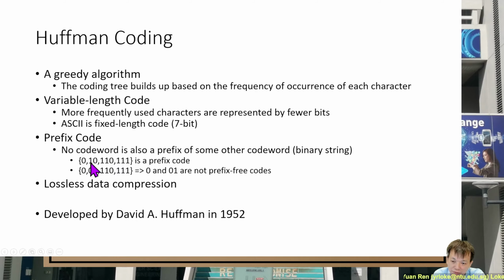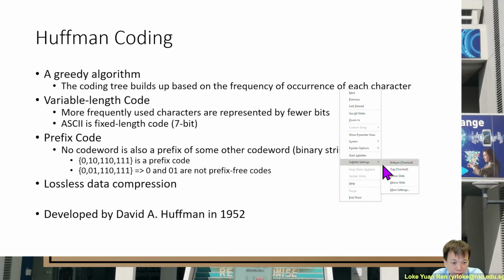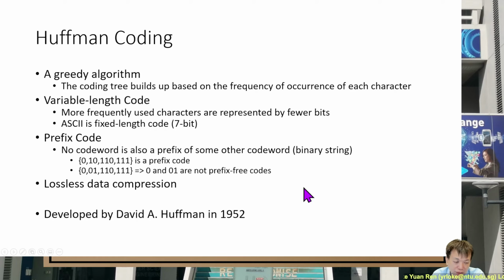The reason is that of the first two, 0 and 0 1. If you have data like 0 1 0 1 0 1, you will not be able to decode it uniquely. If that is the case, it's not a prefix free code.